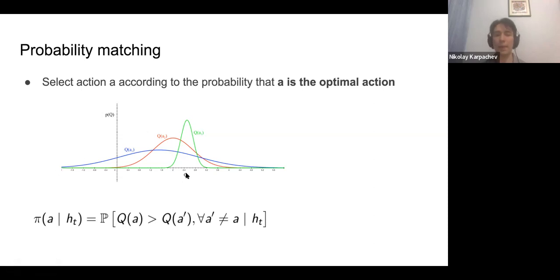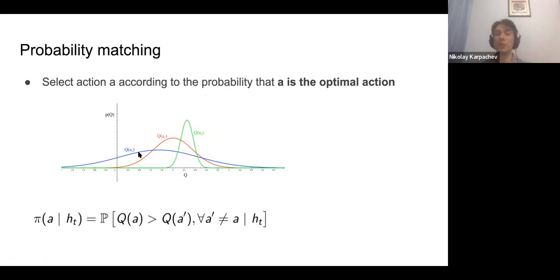So if we look at this picture, how can we explain this probability? Before, we looked at the percentiles, the quantiles. This means that, for example, for the green distribution here, we looked at this point, the 95% quantile.